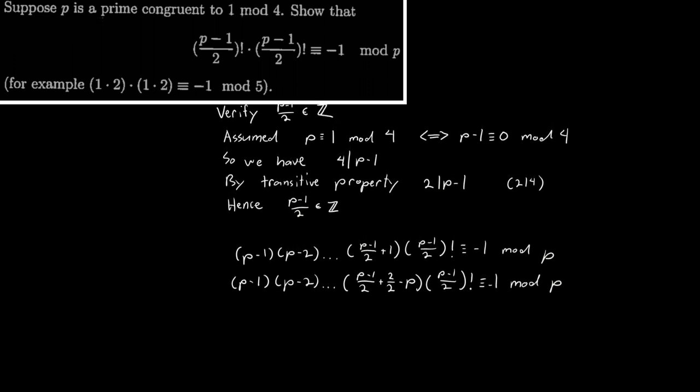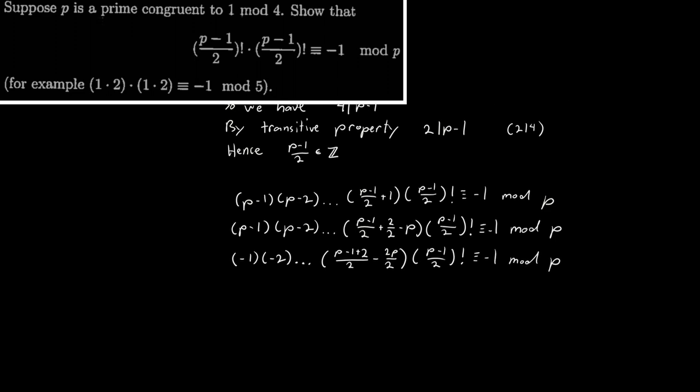Also note that we can rewrite p-1 and p-2 as -1 and -2, because p-1 is congruent to -1 mod p, and p-2 is the same as -2, and so on. So now we'll have -1 times -2, and so on, times (p-1+2)/2, and I'll rewrite p as 2p over 2, and this will give us -(p+1)/2.